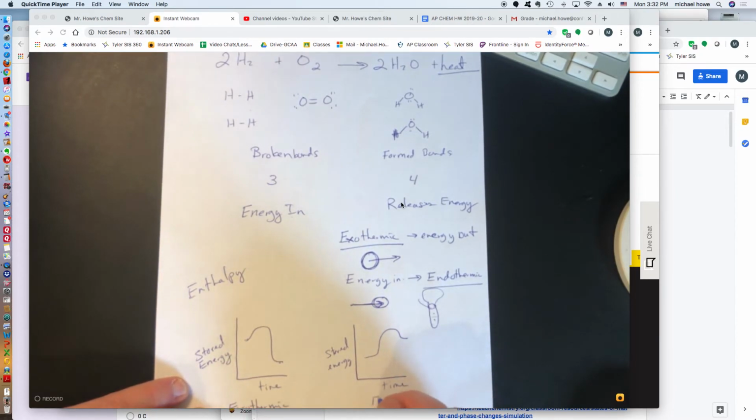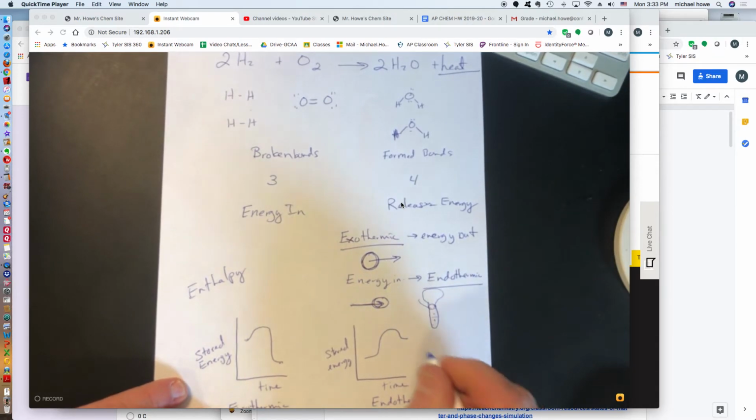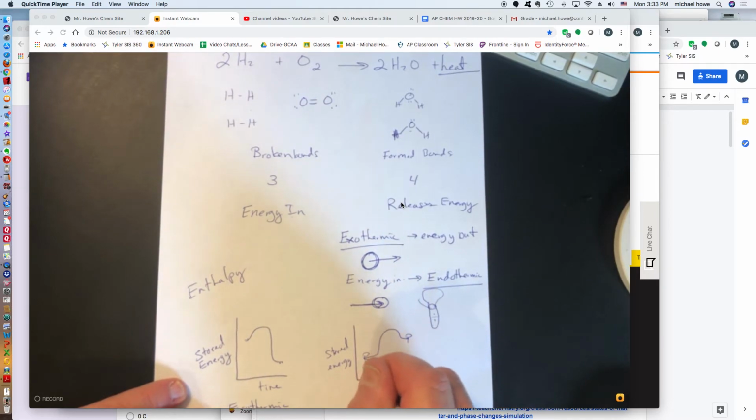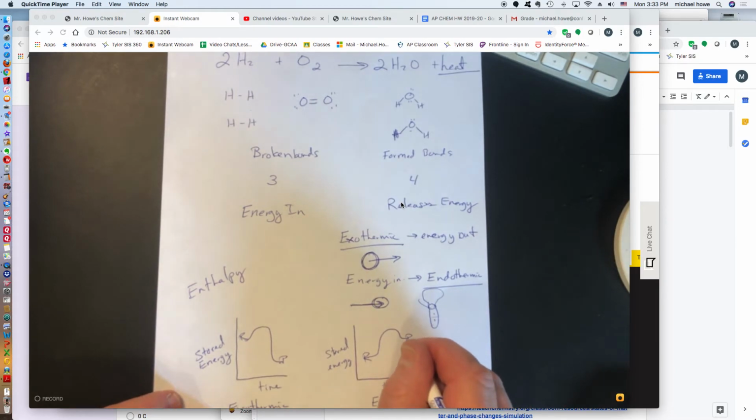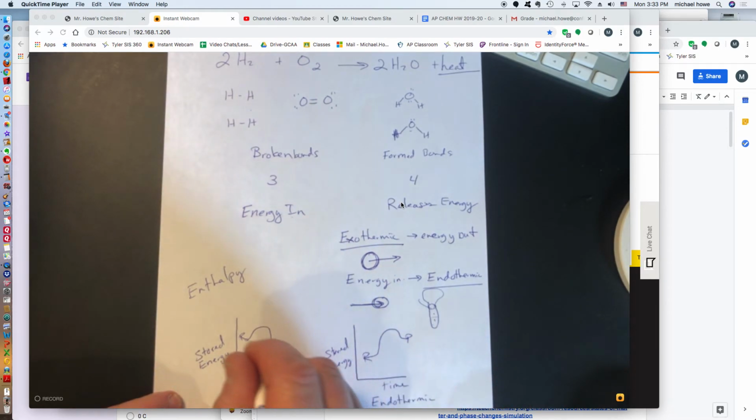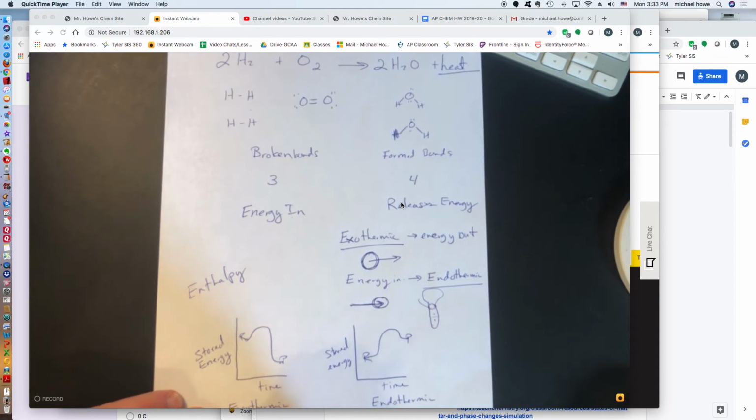Here, this one is endothermic. You're ending with more energy than you started. So here's your end. This is your start. These are called the products. These are the reactants. This is the products. These are the reactants. So you end with more than you started. That's endothermic. If you end with less than you started, that's exothermic. In this kind of reaction, you will notice the heat released, like the fire in the balloon.